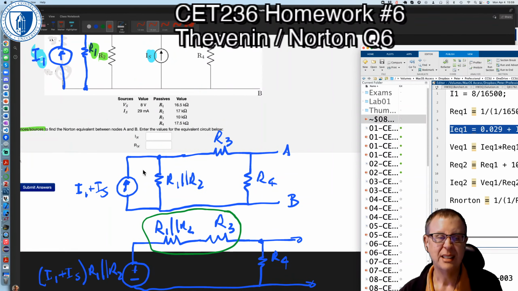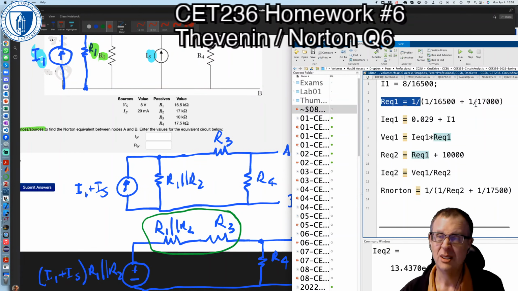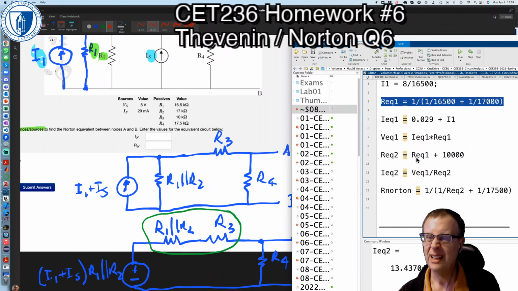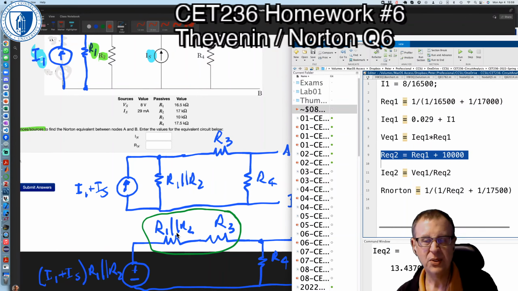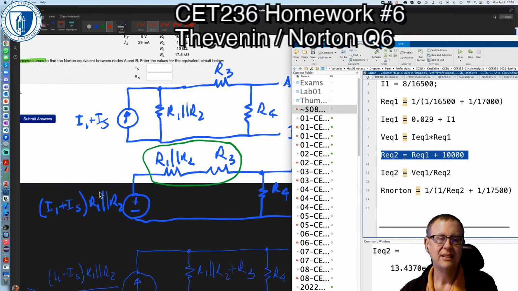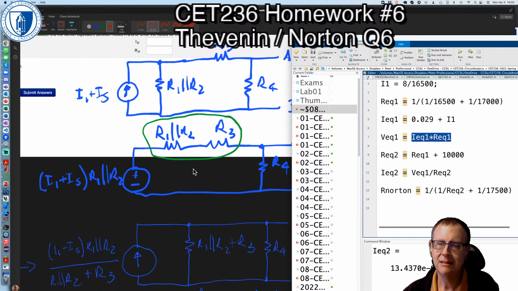Right, so this is adding the two current sources, and there's our REQ1 is this piece here, and then REQ2 is just adding those two, and our voltage equivalent, VEQ1, is just that.